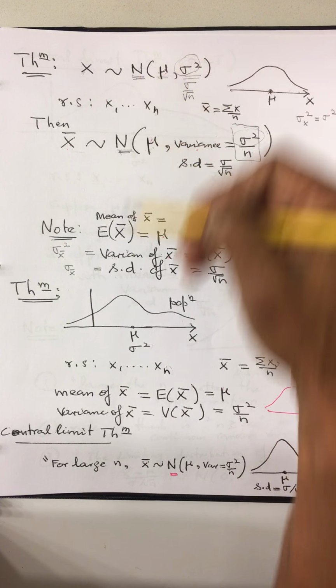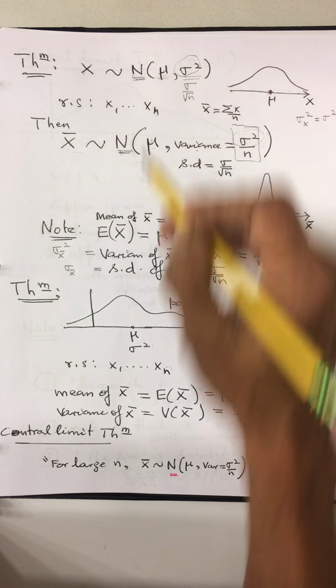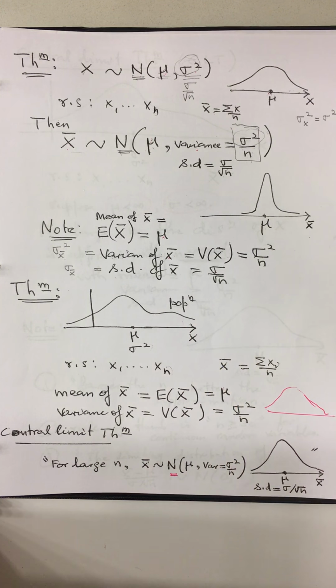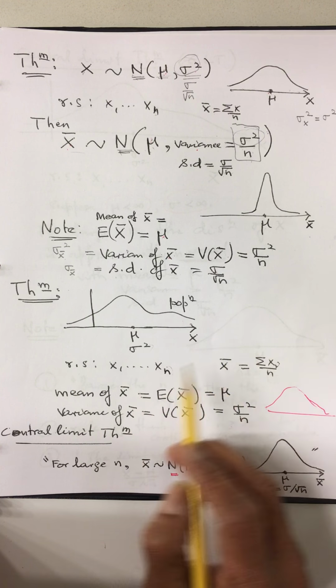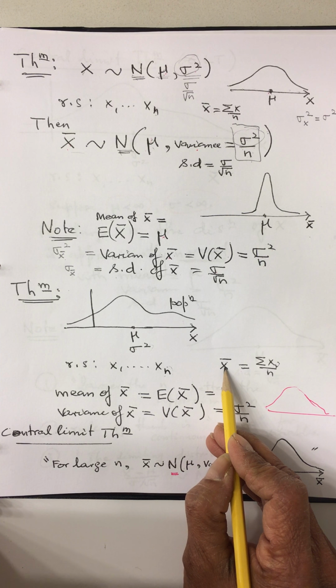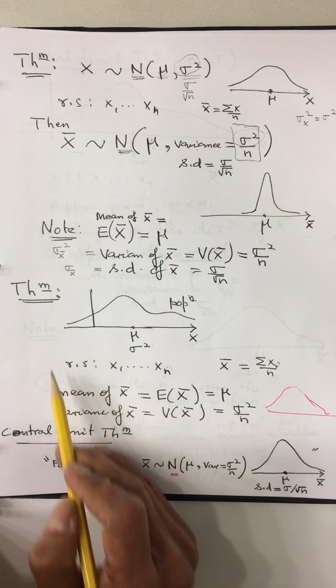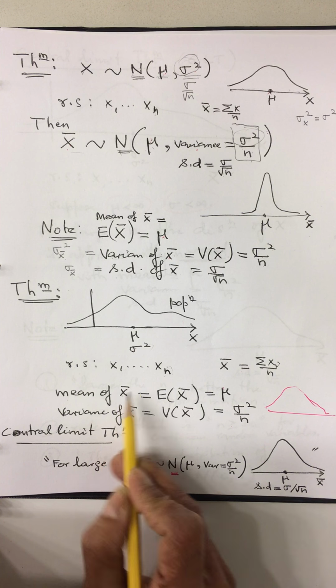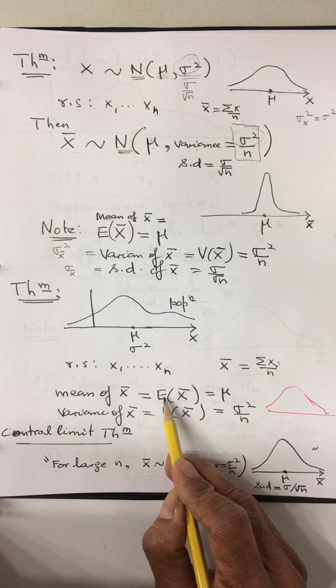The difference between here and here is that I did not say that X is normal. Here we said that it is normal, in other words a curve like that. If you pull a random sample out of this kind of population and figure out the X bar, this theorem says that the mean of X bar is going to be exactly the same as this mean, the mean of X.